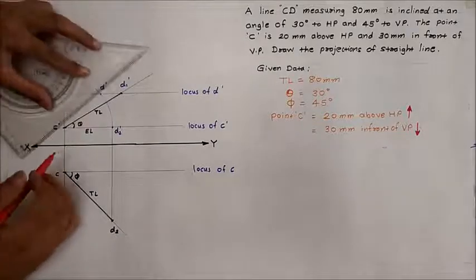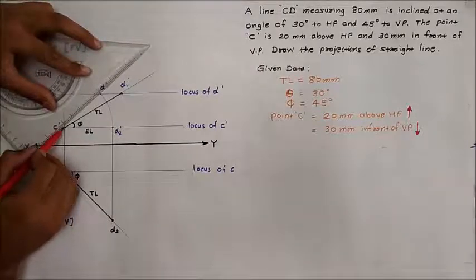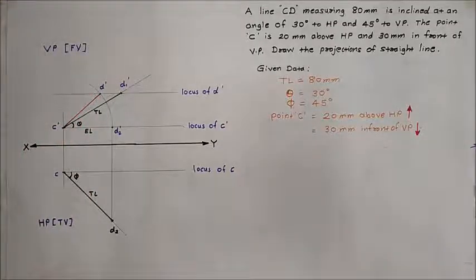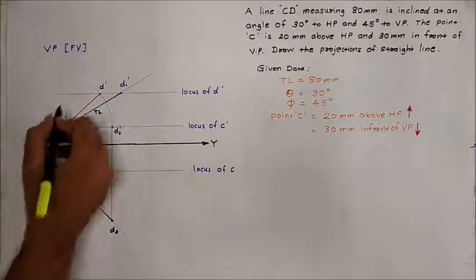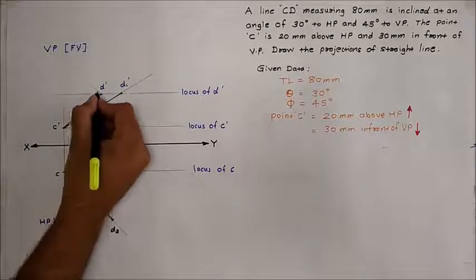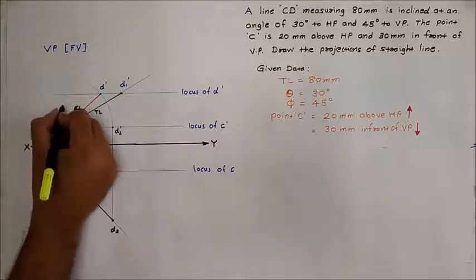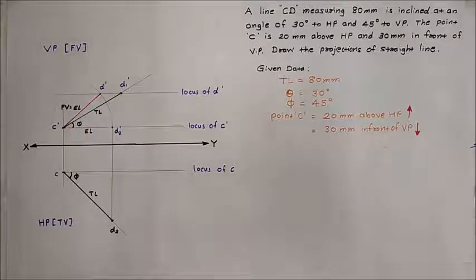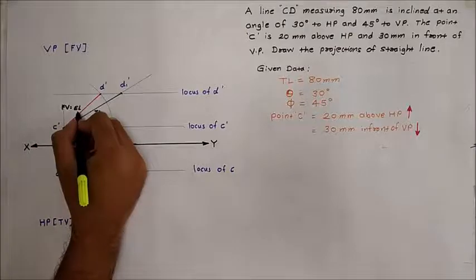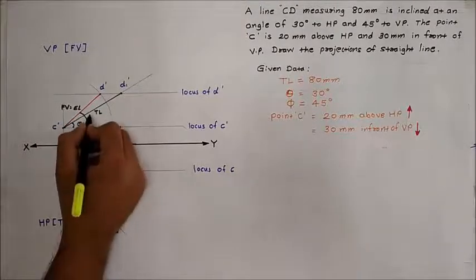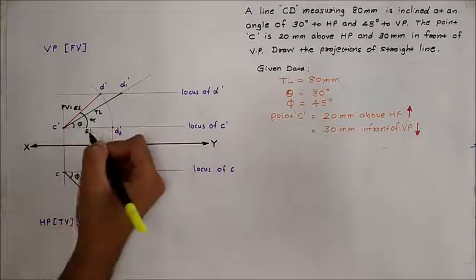Join this C dash to D dash to get the exact front view of the line. This C dash to D dash is the elevation length of the line, which is also called the front view, and the angle made by this elevation length with the XY line or horizontal line is called alpha angle.